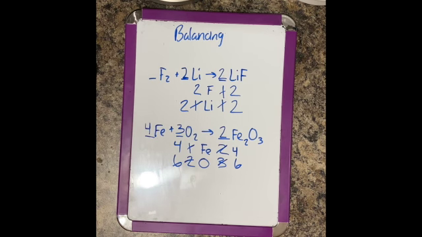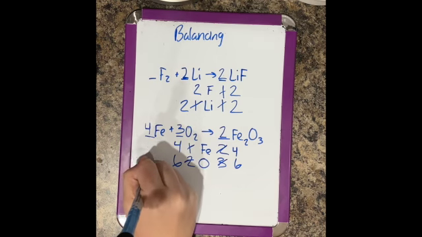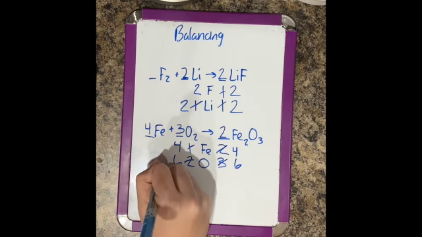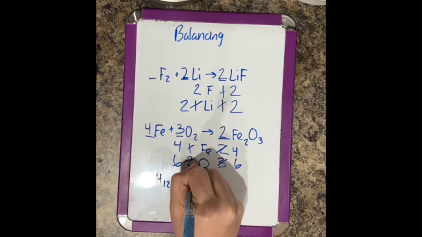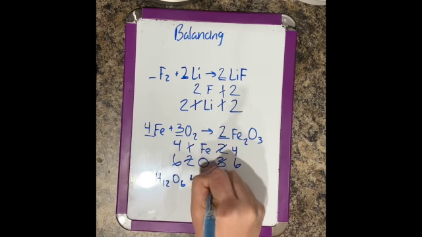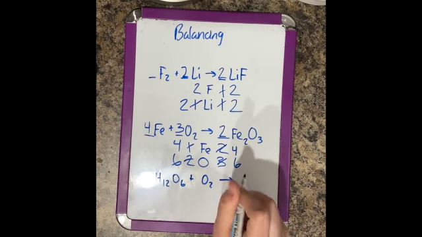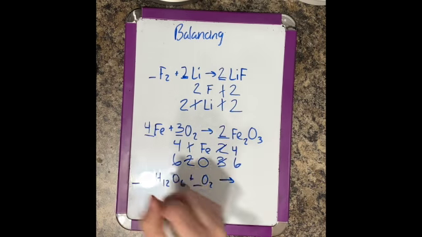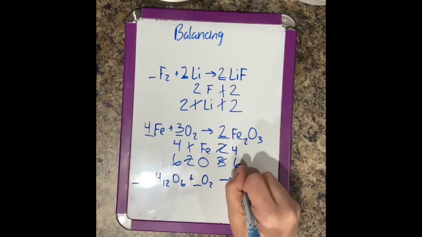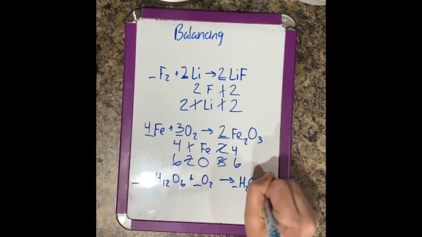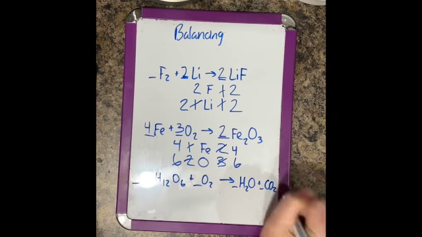Now this last one I want to balance with you is C6H12O6 plus O2 makes H2O plus CO2.